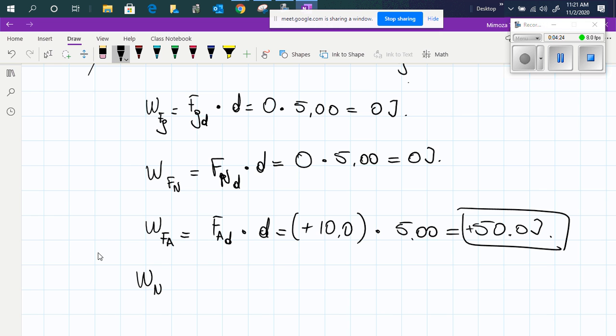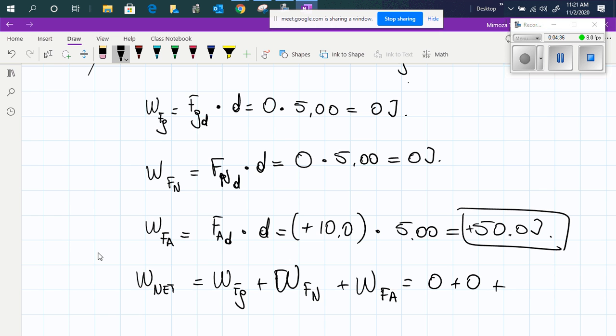And the net work is the sum of the work done by each force: the work by gravity, the work by the normal force, and the work by the force applied. So 0 plus 0 plus positive 50 is equal to positive 50 joules.